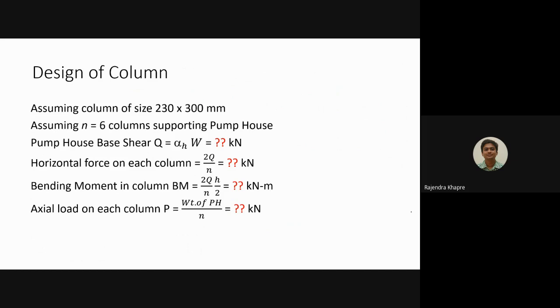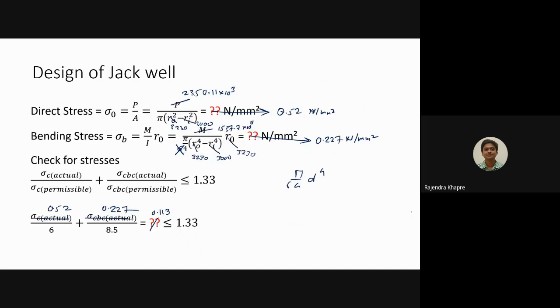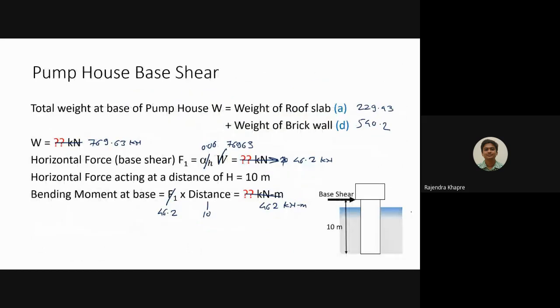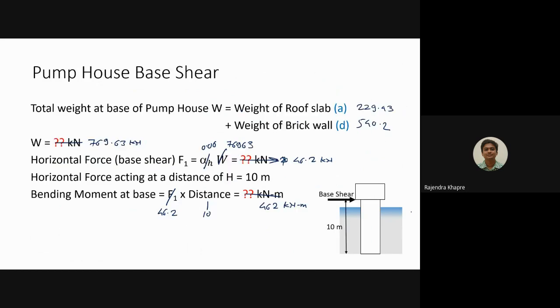So now what we are going to do is, first of all, we know how much the pump house base shear is. The pump house base shear can be calculated by a simple expression, that is Q equals alpha H into W. Can someone tell me what is the alpha H value? 0.06, isn't it?